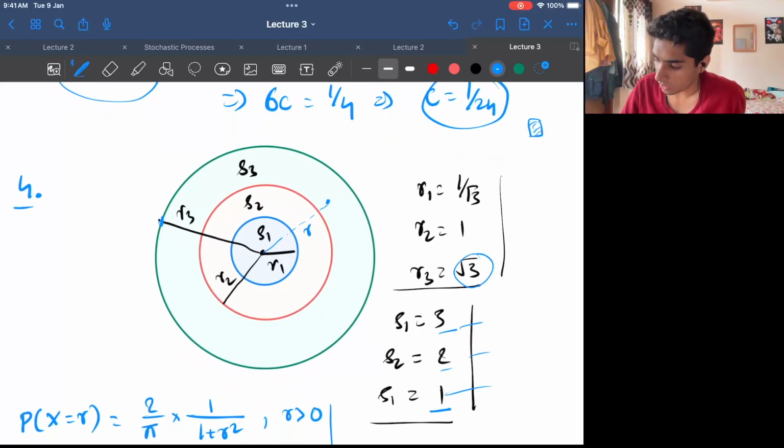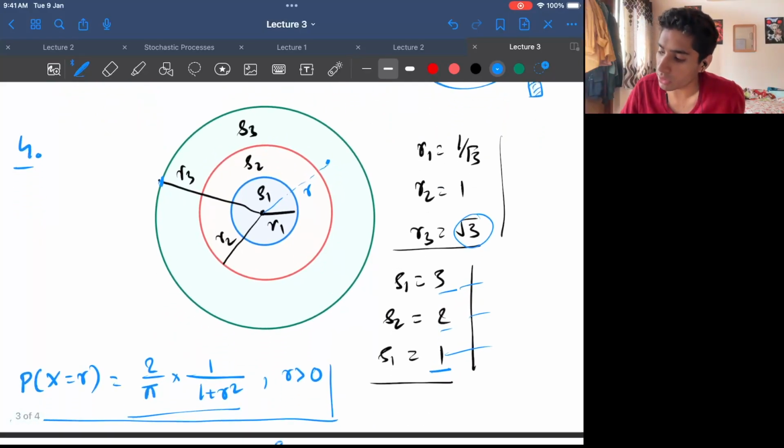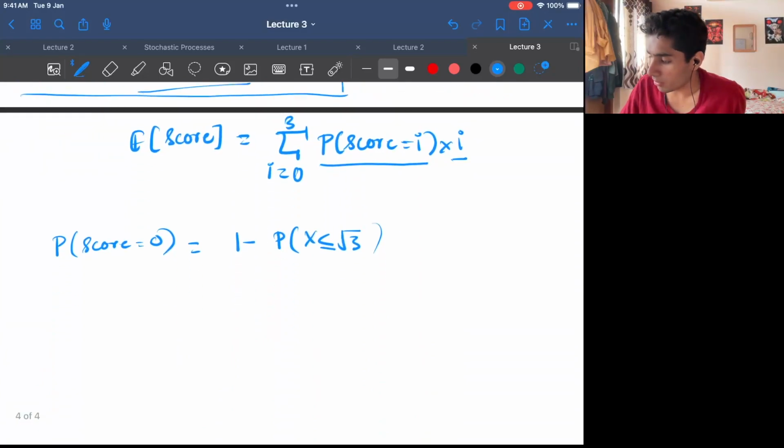But if you hit the dart outside it is going to be 0. So the probability of scoring 0 is equal to the probability that you hit somewhere outside this dartboard, right? That is 1 minus probability of x less than or equal to root 3, which is basically the probability of x greater than root 3. That is all I'm saying.